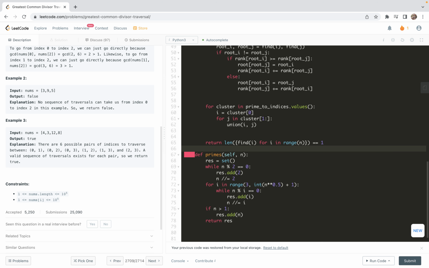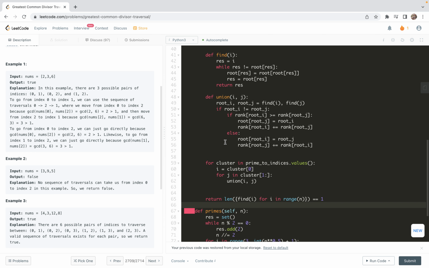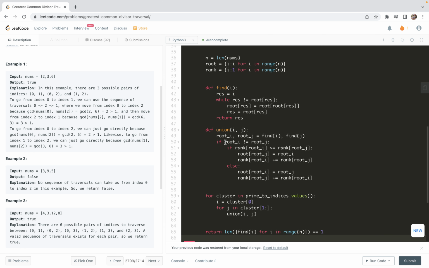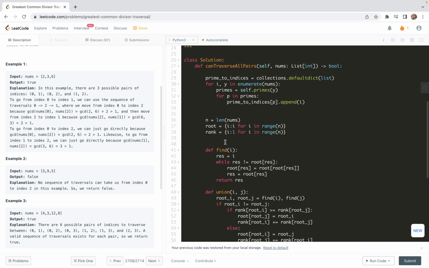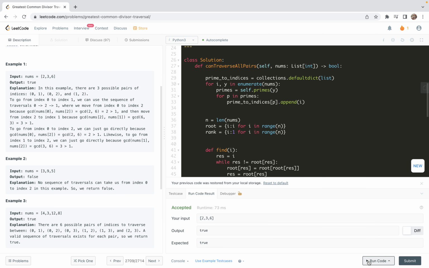And finally, what we are left with is to find if all the indices from 0 to n-1 are in the same cluster. In other words, if they have the same root. So we're going to return this one. Let's check. First use set comprehension. So for I in range, right?